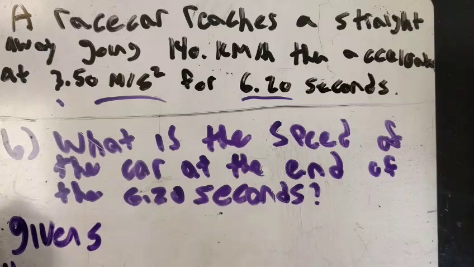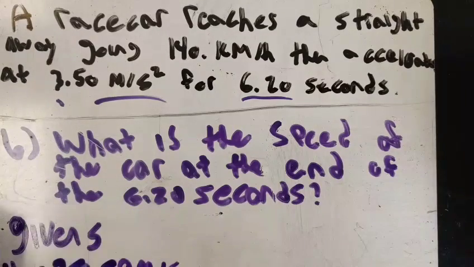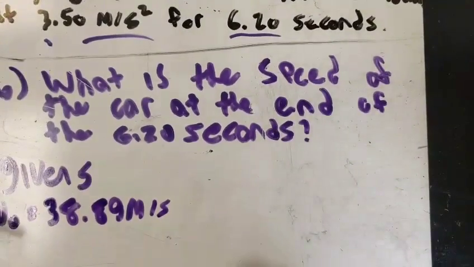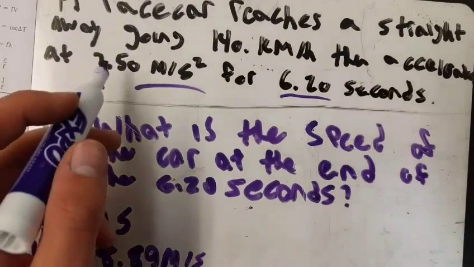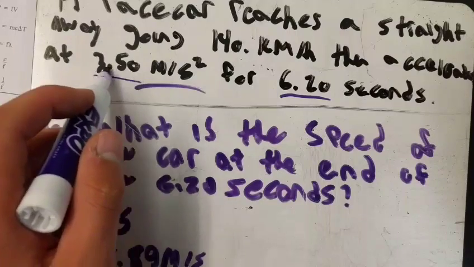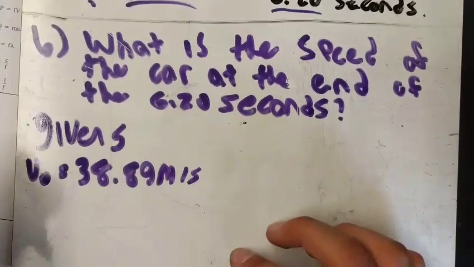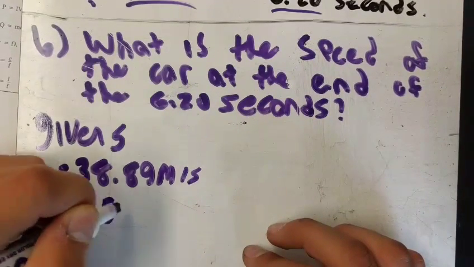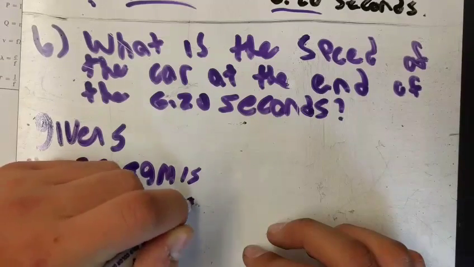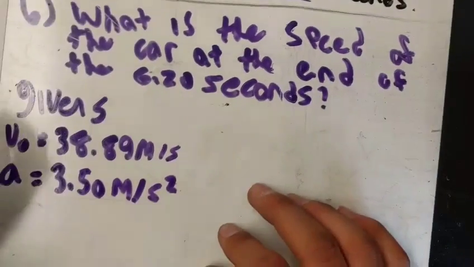We have a velocity initial of 38.89 meters per second. That's from the last part of the problem. And we have an acceleration of 3.5 meters per second squared. And we have a time of 6.2 seconds.